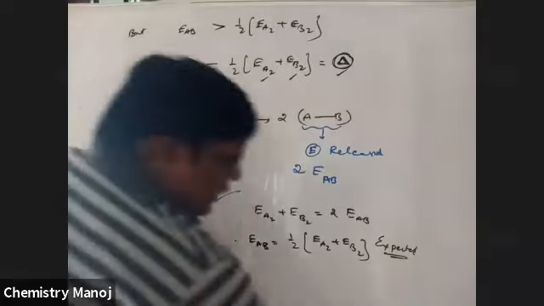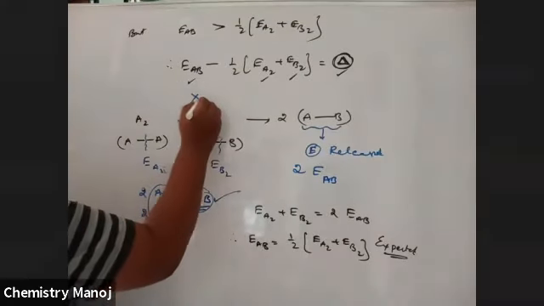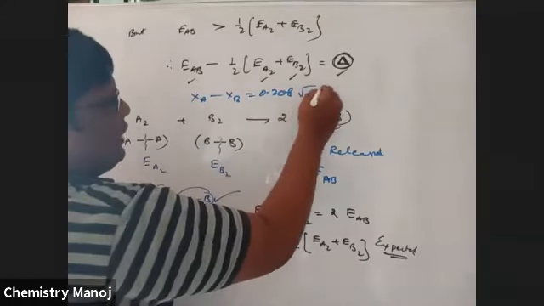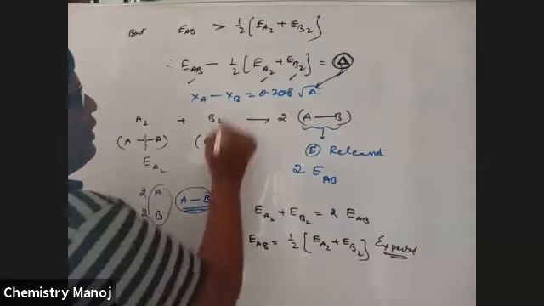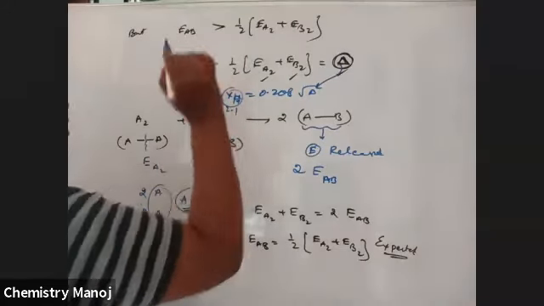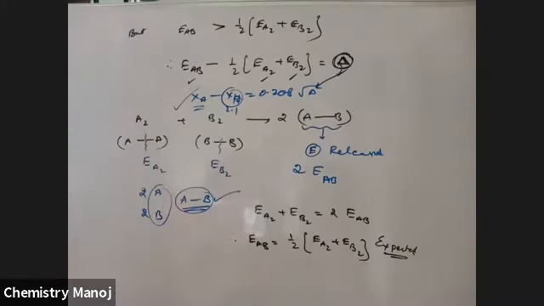Therefore, XA minus XB is equal to 0.208 into root delta. By substituting the delta value here, if hydrogen is taken as 2.1, the electronegativity of the other element can be calculated. Therefore, the reference element is hydrogen, and its electronegativity is taken as 2.1.